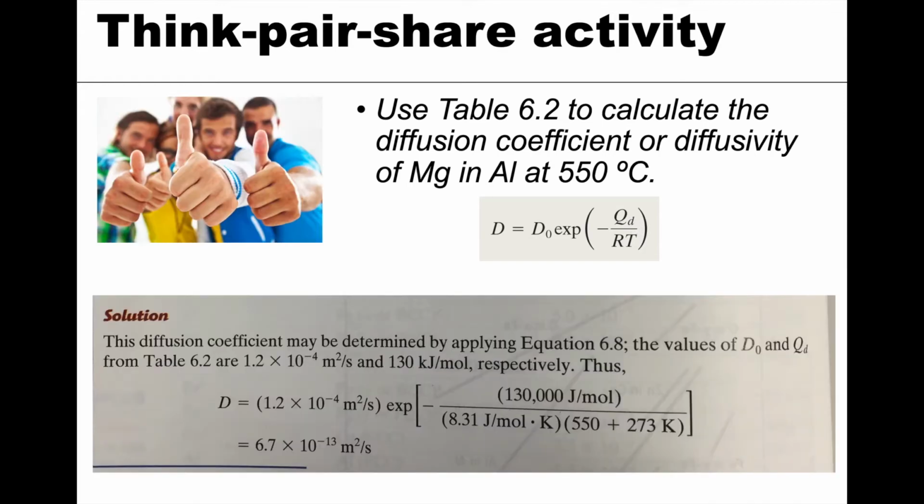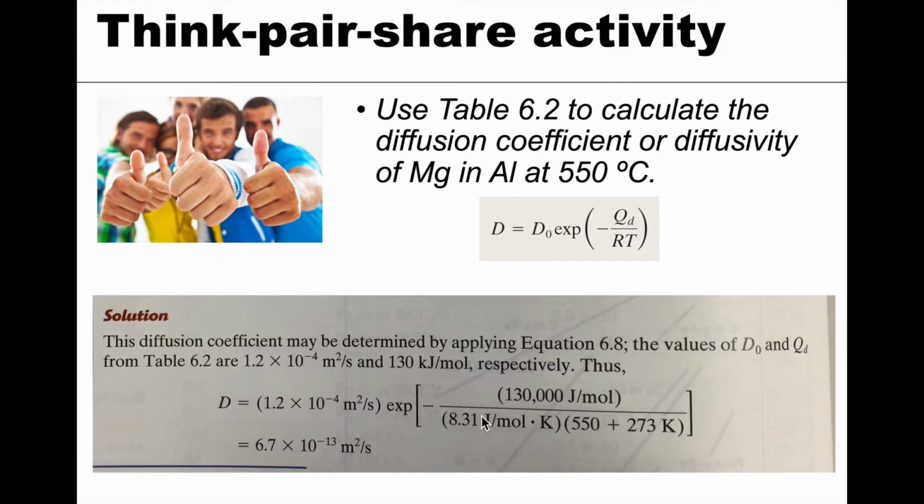If we go to the next slide, we'll see that we're plugging in the D naught and the QD from the table in the previous slide, and also the value for R. We're converting the 550 degrees Celsius by adding 273 to get Kelvin.